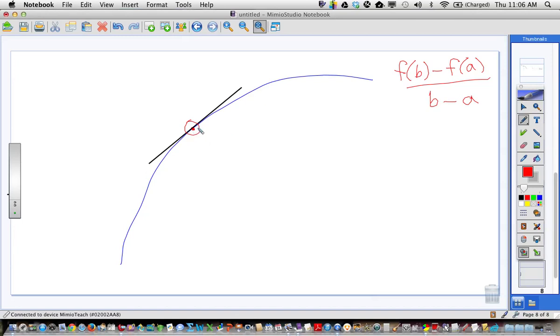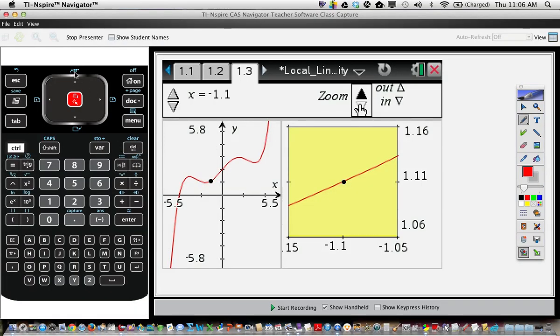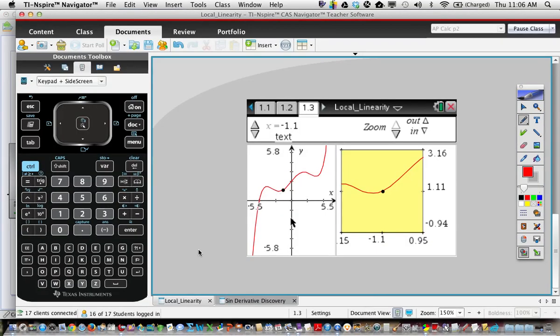But if we zoom in far enough, if we look really close to that point, the 2 points on the curve are practically on the line. That's the idea. That's locally linear. If we zoom in far enough and pick 2 points on the curve, they're essentially the same as 2 points on the line. So we can do a slope calculation and call that the slope of the line, at least as an estimate.